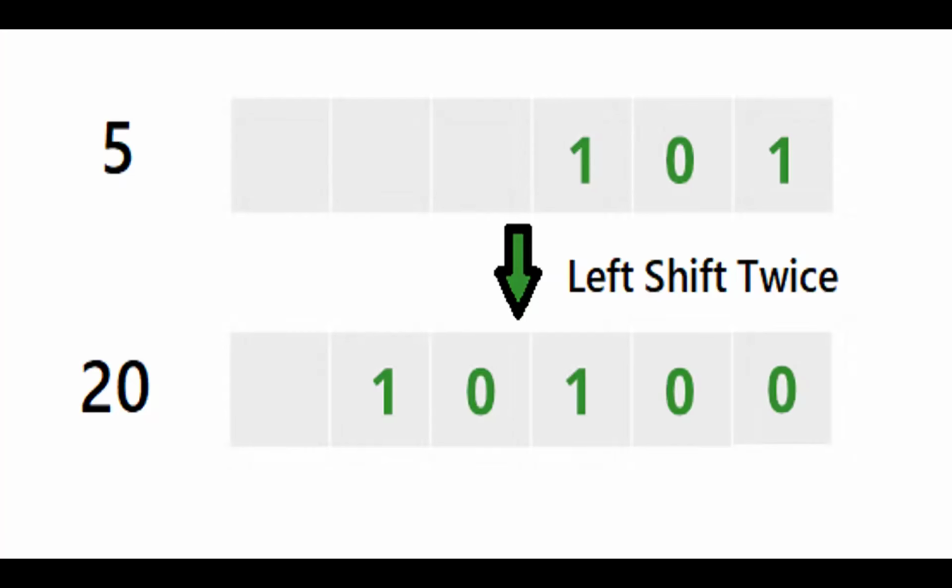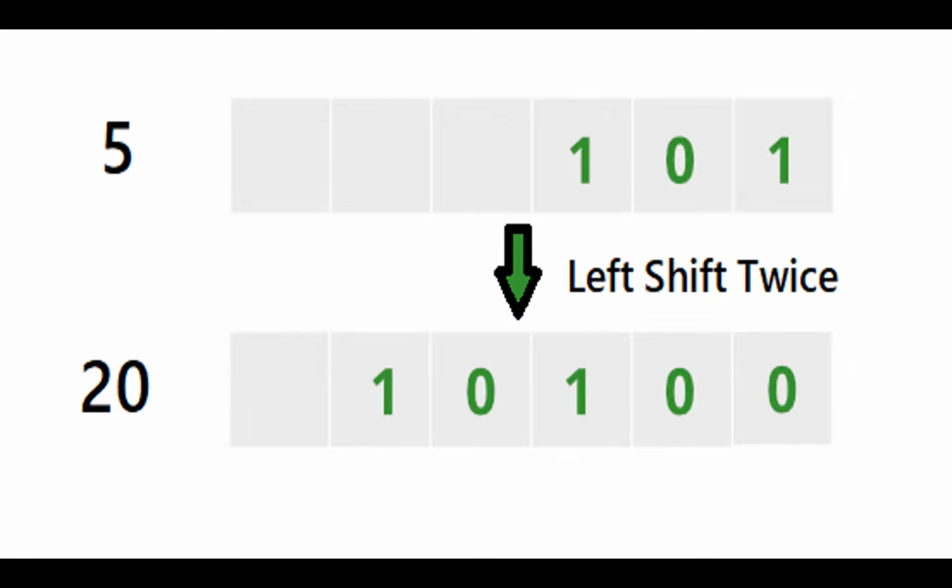And what if we shift 101, that represents number 5 in decimal, we shift left by 2 places, so we shift twice. We get 10100. That is 20 because it's 16 plus 4.